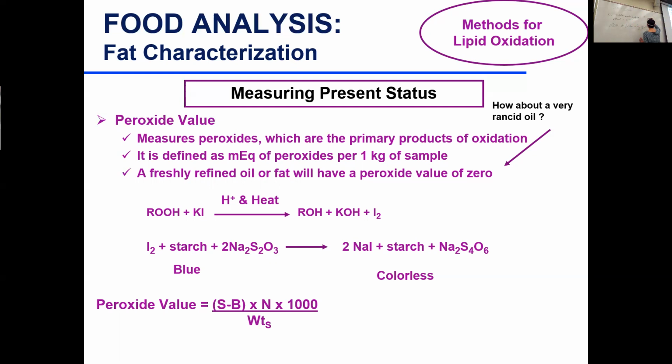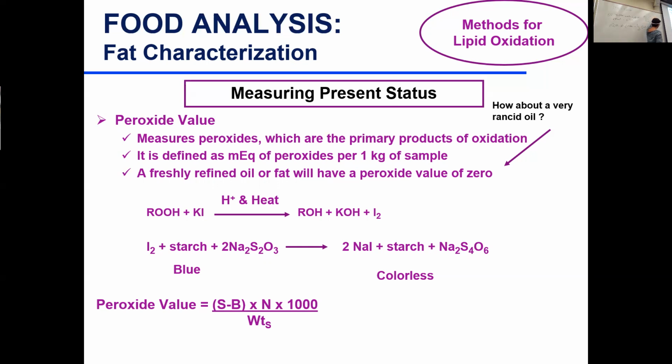So you have peroxide value forming, and then here peroxide value will decrease, and secondary metabolites will increase. So here the rate of formation of peroxides over time of storage is higher than the rate of formation of secondary metabolites.